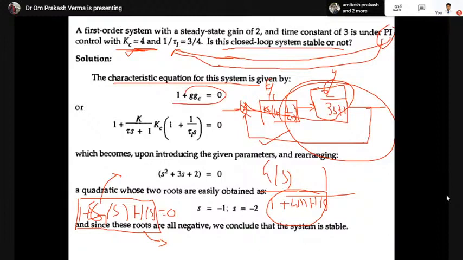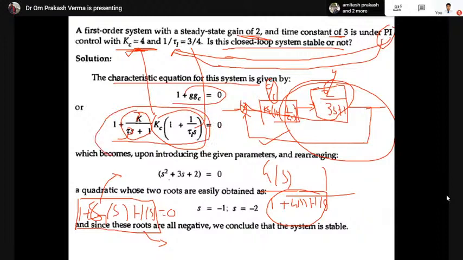Okay. So the transfer function of the process is given like this, K upon tau s plus 1. That is, DC gain is given here as 2, and tau is given as 3. Okay. And now Kc into 1 plus 1 upon tau I s, this is the PI controller, proportional integral controller. So just put the values, Kc equals 4 and 1 upon tau I equals 3 by 4, and try to solve this equation.